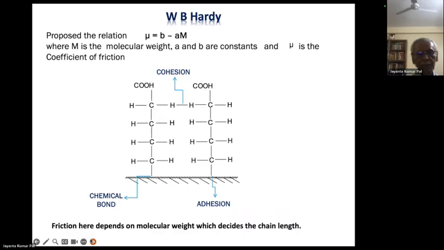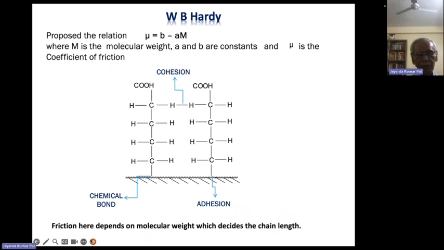But between hydrogen and hydrogen, there will be cohesion. Now this is a chemical bond, and as we apply shear force or shear stress, the longer the chain, the lower will be the friction, because we can imagine a larger, as I said earlier, carpet pile.